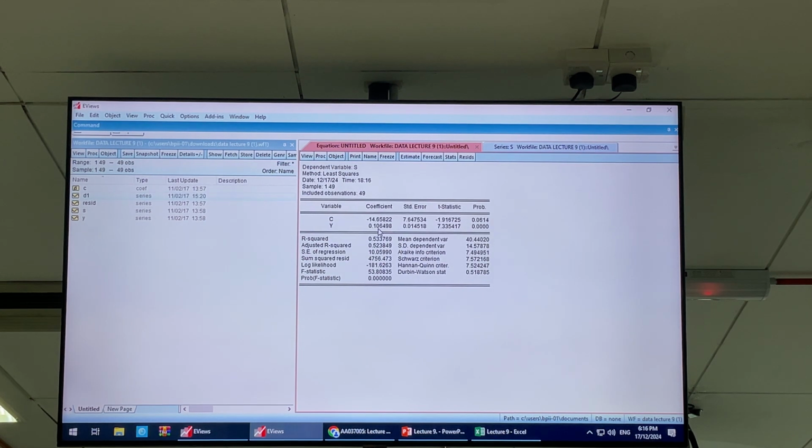If you assume male and female behave the same in terms of the way they save their money, then in terms of interpretation, we say that for every RM1 additional increase in their income, each of them will save about 10 cents. Okay, around 10 cents of every RM1 of income they allocate for saving.